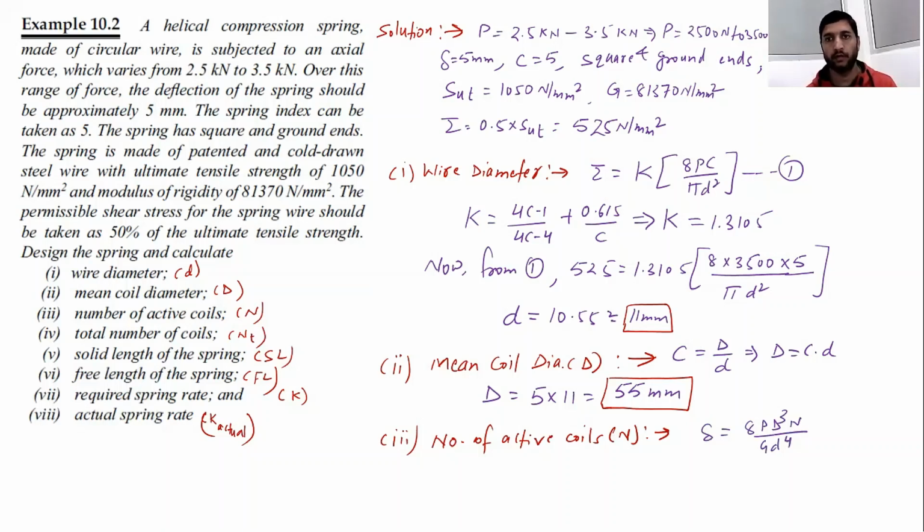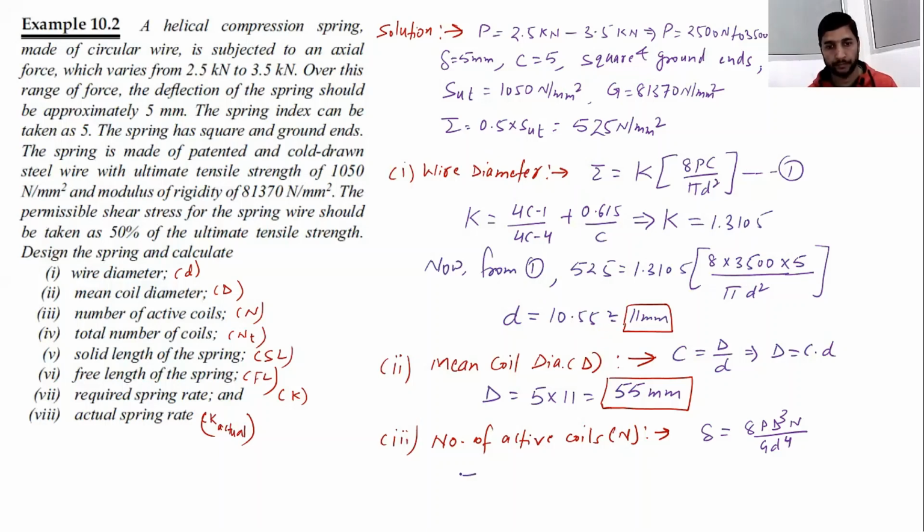That is when we are applying a force and that force is varying from 2500 to 3500 Newton, means force maximum से minimum vary कर रही है, तो उसमें फिर एक्टिव नंबर ऑफ कॉइल्स आपको निकालनी है. सो इन दिस केस अब आपको जो P पुट करना है बेसिकली वो रेंज लेनी है आपको.